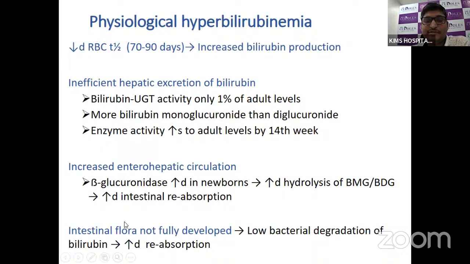Another risk factor is inadequate intestinal microbiota, so there is low bacterial degradation of bilirubin and increased reabsorption in the enterohepatic circulation. These are the factors responsible for physiological hyperbilirubinemia: decreased RBC half-life, inefficient hepatic excretion, increased enterohepatic circulation, and decreased intestinal flora.